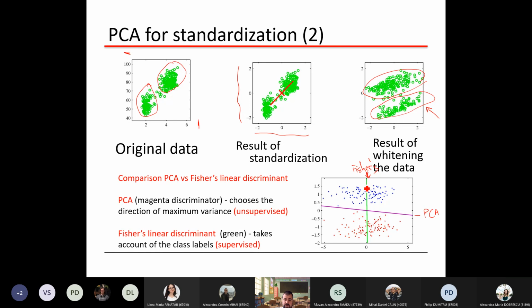If we were to draw a classifier based on PCA, it should be perpendicular on the magenta line, and the deviation from Fisher's linear discriminant is very small. So even though it's an unsupervised method, it does a great job of capturing the variance of the data.